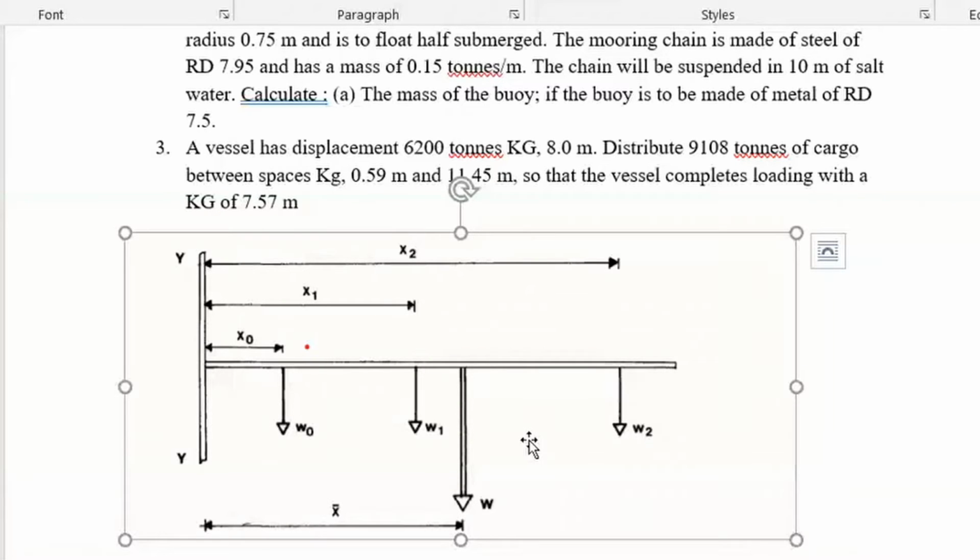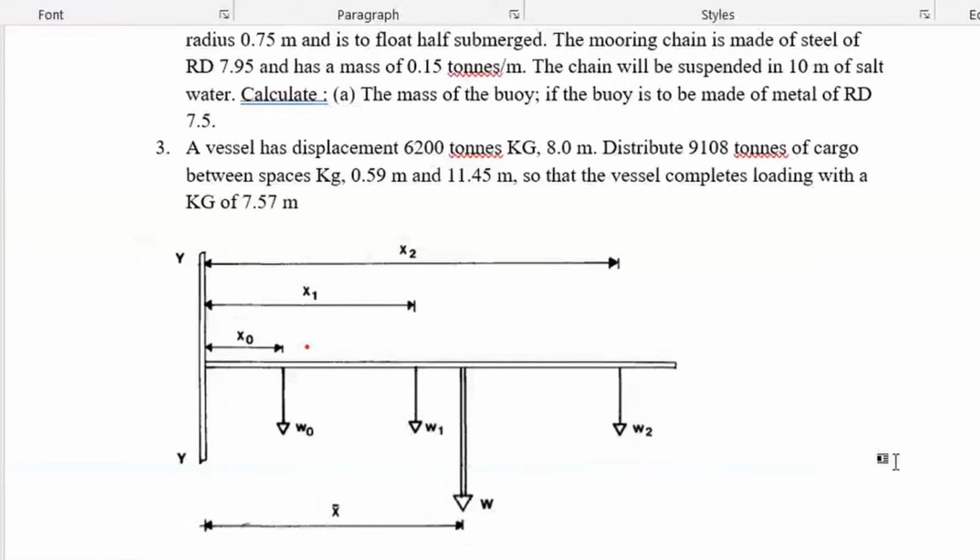So the cargo is going to be placed at two spaces in the ship, at one point which has a KG of 0.59 and at another point which has a KG of 11.45, and they are saying that the final KG1 is 7.57 meters.